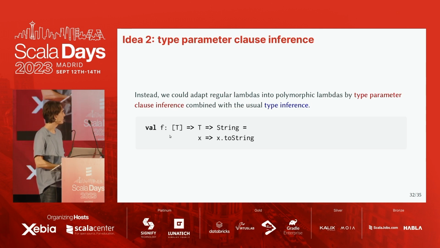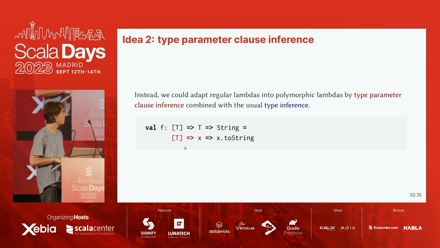So if I have an expected type, which is a polymorphic function, and I pass a lambda which is not polymorphic, so it's just x, which could be anything, goes to string, right now this does not compile. And the idea is, if the number of term parameters here is the same, so here there's one, I could just add a type parameter clause that matches the one in the expected type.